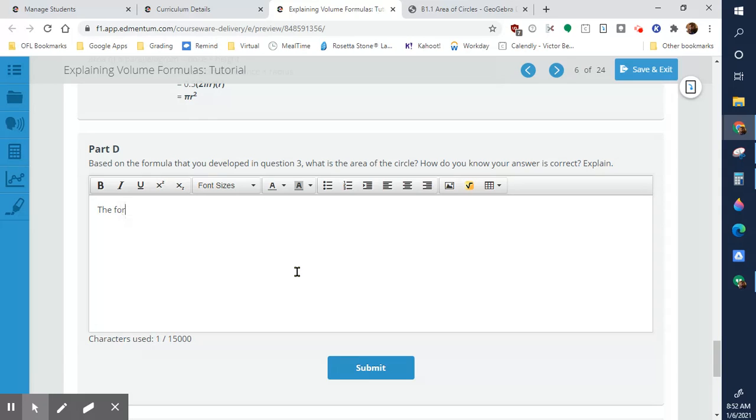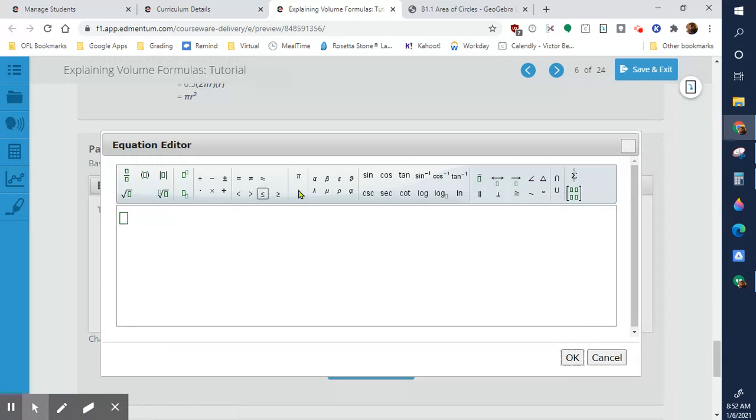The formula for the area of a circle is A equals pi R squared.